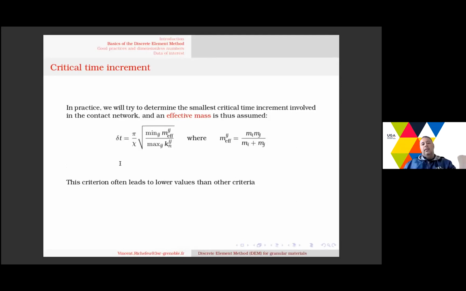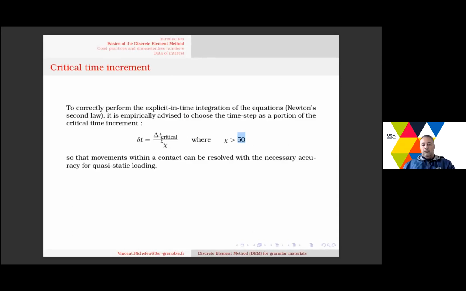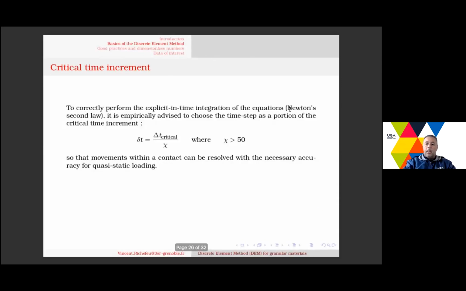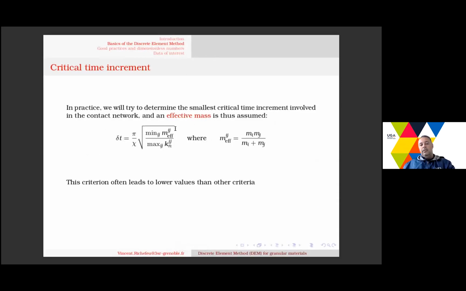So in practice, instead of having m over kn, we will take the smallest m and the biggest stiffness, so that the time step is the smallest possible. And instead of taking the minimum mass, we actually take the minimum effective mass, because each spring corresponds to a pair of particles.